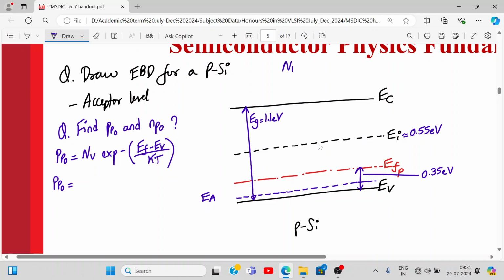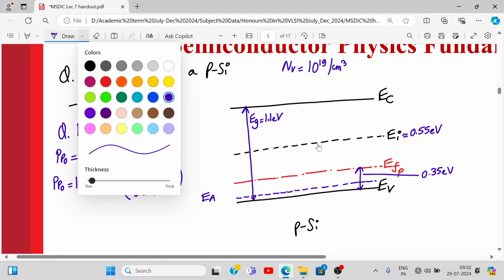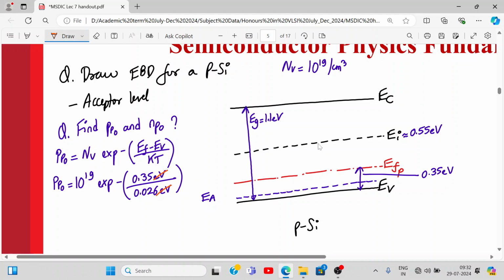NV, what is the constant NV? It is 10 raised to 19, right? So it is 10 raised to 19 exponential of minus of EF minus EV, which is 0.35 electron volt. How much is KT? 0.026 electron volt. So the electron volt will get cancelled. Now find out this number. How much is this, PPO?